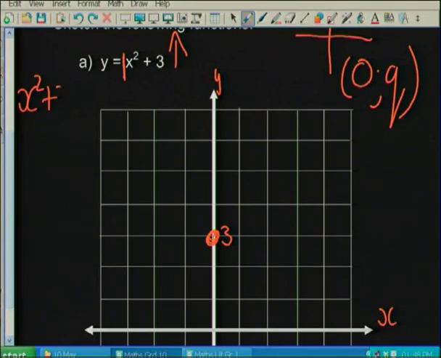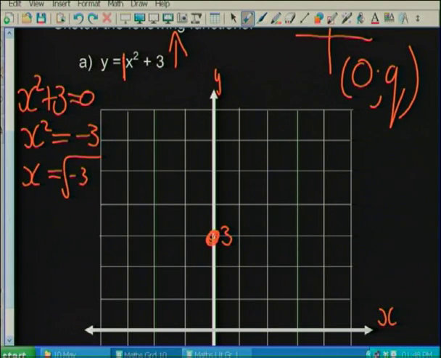So if I say x squared plus 3 is equal to 0, that becomes x squared is equal to minus 3, and then x would be the negative square root of 3, and that's an imaginary root. It doesn't really exist, so it's not going to intersect the x-axis. So I sit now with the problem that I don't have more points, and so I won't really know how narrow or how wide I must make my graph.